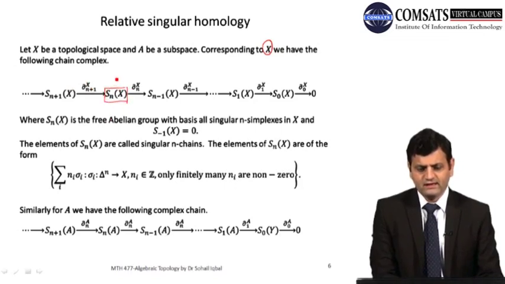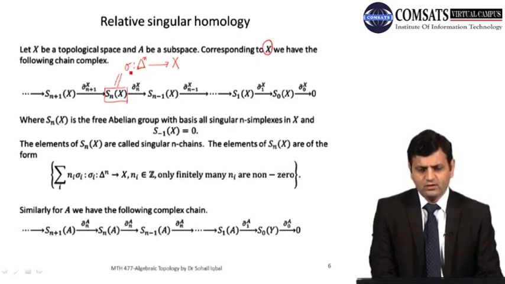What is S_n(X)? Basically this is the free abelian group generated by all singular n-simplexes. What is a singular n-simplex? It's basically a continuous function from the standard n-simplex to X. Of course we know what a standard n-simplex is.